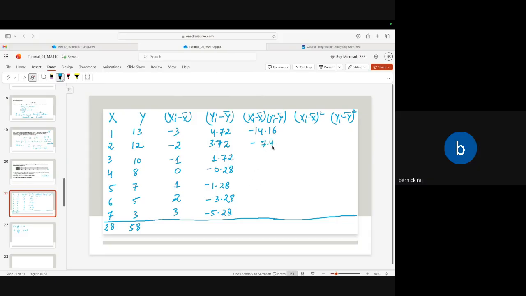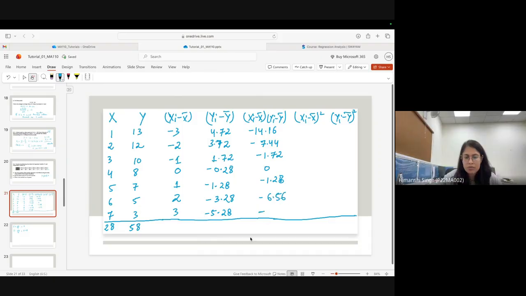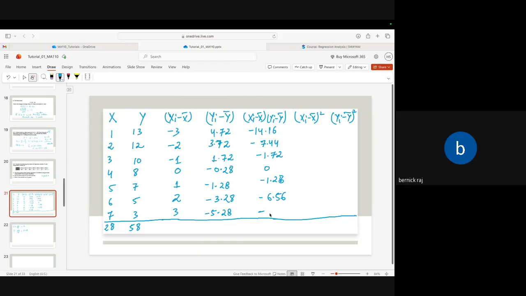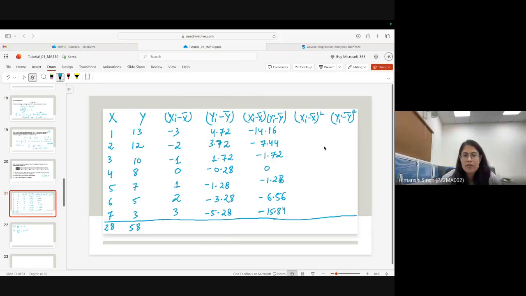Then minus 1.72. This will be 0. Then minus 1.28, then 6.56, and then minus 15.84. Yes. Now we will be squaring.